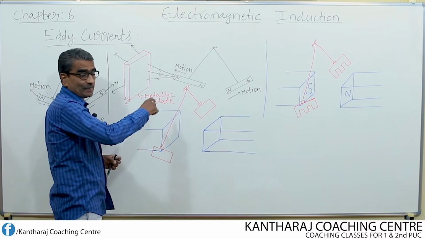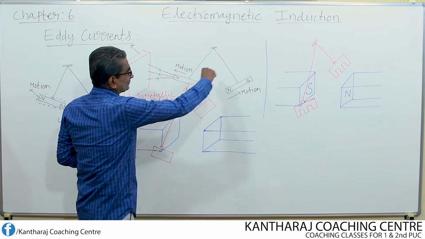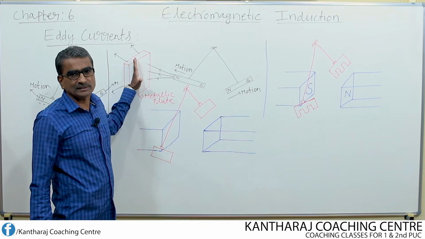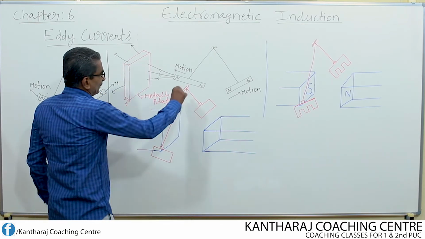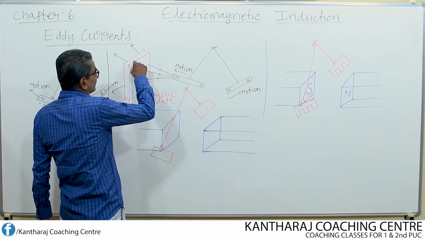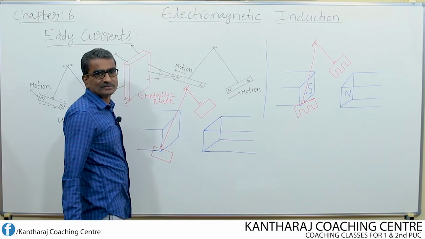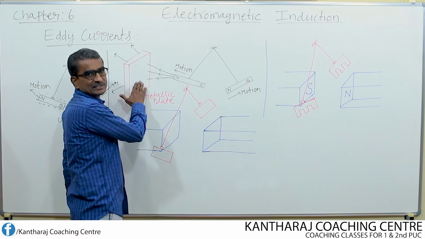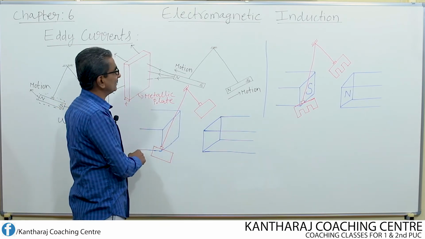Now if the magnet is made to oscillate by keeping a thick metallic plate in front of it, what happens? When the north pole moves towards the metallic plate, the flux linking with the plate changes in an increasing manner.